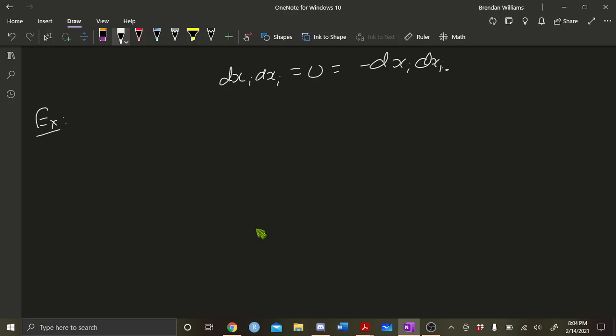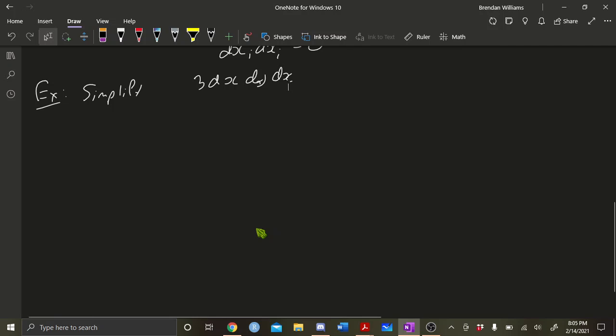Simplify the differential form 3 dx dy dx. To do this, first we know that dy dx is equal to negative dx dy.